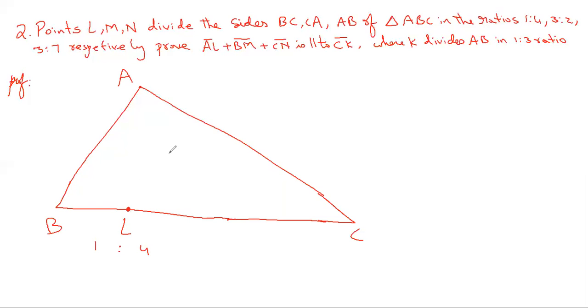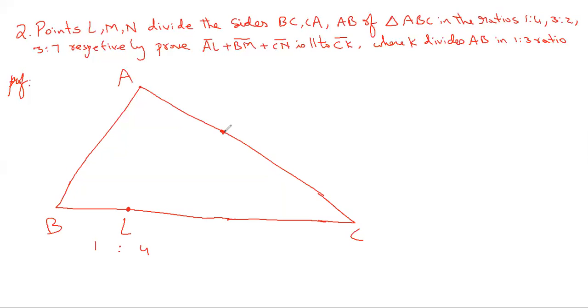Next, M is on CA. See, the order is also important here. BC, here CA. CA is not the same as AC when it comes to dividing in a ratio. CA is 3:2, so from C it is 3 units and 2 units from the other end.